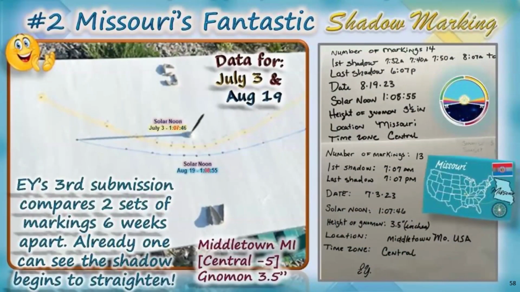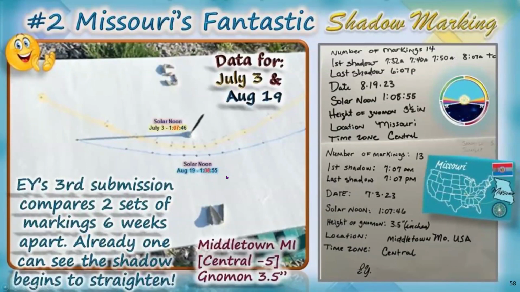This is the one that I was telling you about from Missouri. The other marker from Missouri, remember I told you there was going to be a yellow line. The yellow line is July the 3rd, and now they're comparing August the 19th. Okay, you can see that that curve is starting to straighten out now. July the 3rd, that's just after the summer solstice, so it's a pretty tight curve.